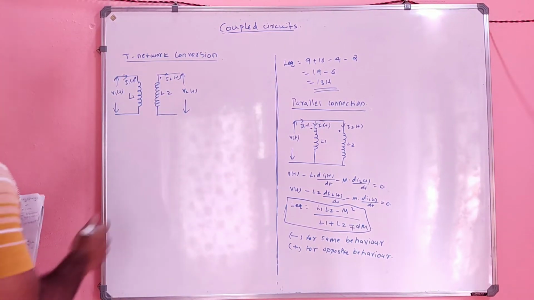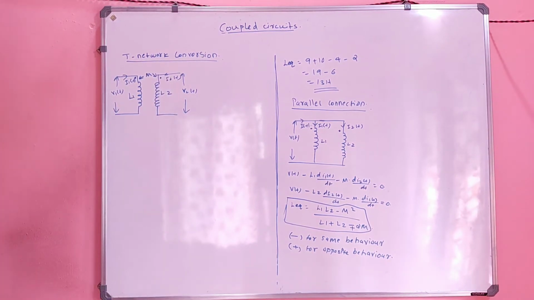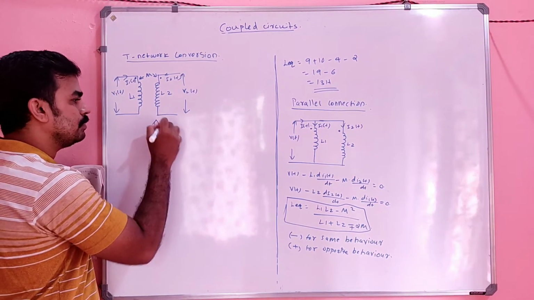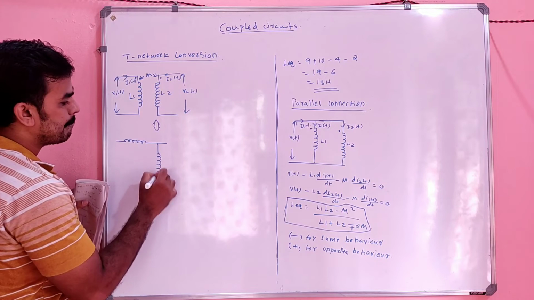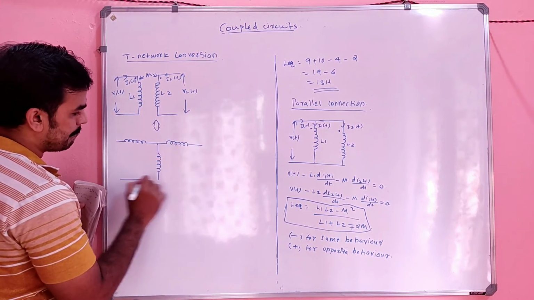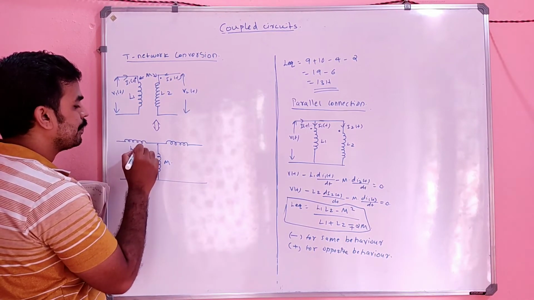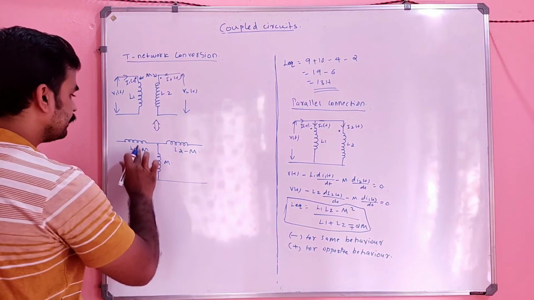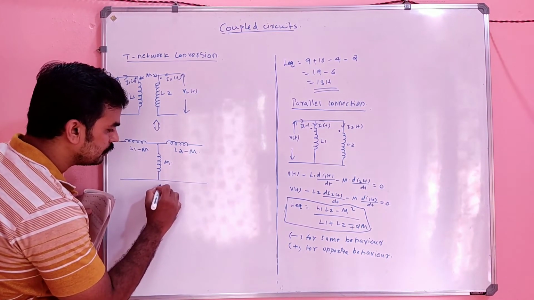M is the mutual inductance. This same circuit can be represented as, or is equivalent to, a T network with L1 minus M and L2 minus M, and M in the common branch, which is again equivalent to the other form.